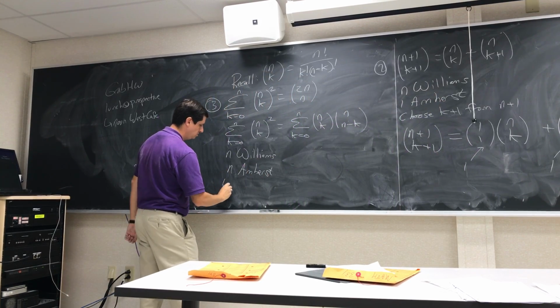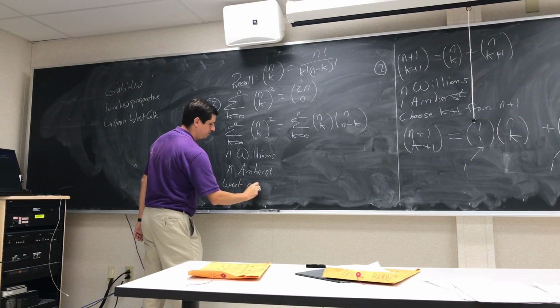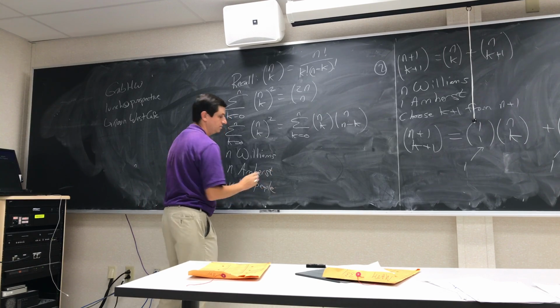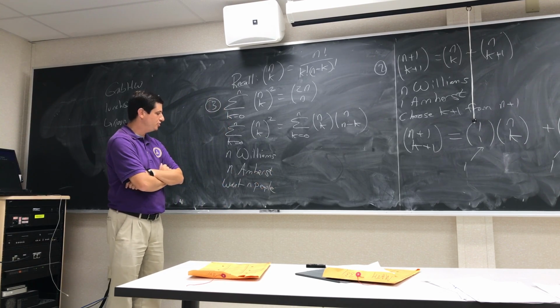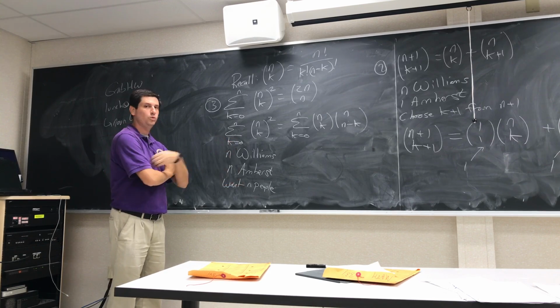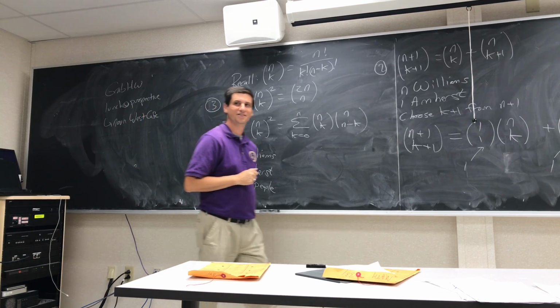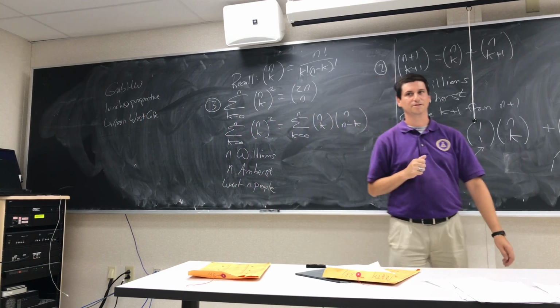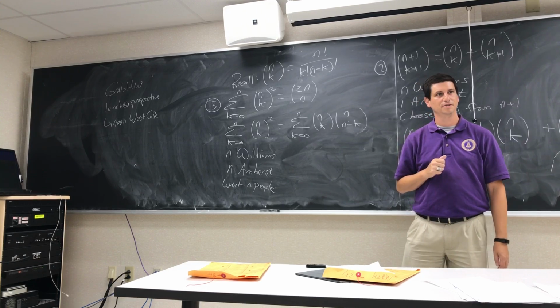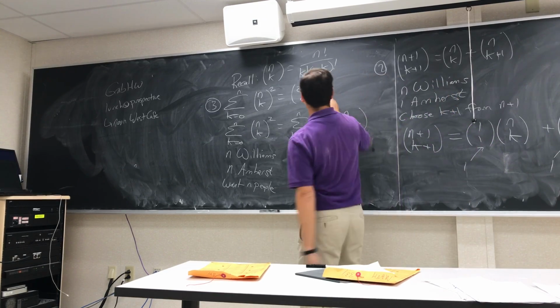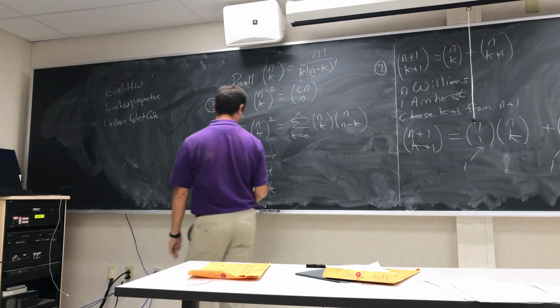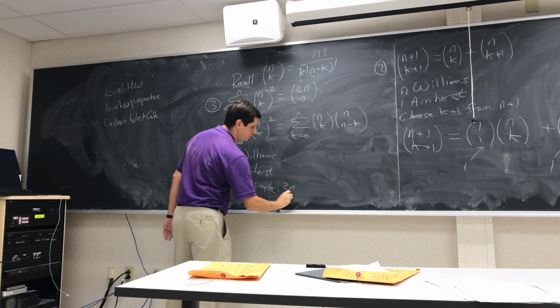How many ways are there to choose n people from n Williams students and n Amherst students? 2n choose n. And that's exactly what this is here. So the answer is 2n choose n.